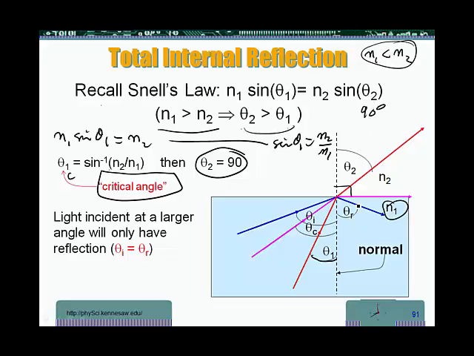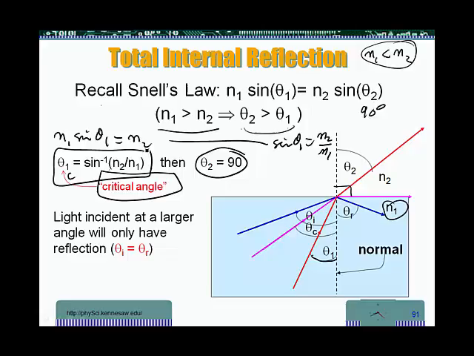And we say that we have total internal reflection. When do we have total internal reflection? Whenever the angle of incidence is larger than the critical angle. That we can calculate using that relationship. Inverse sine of n2 over n1.